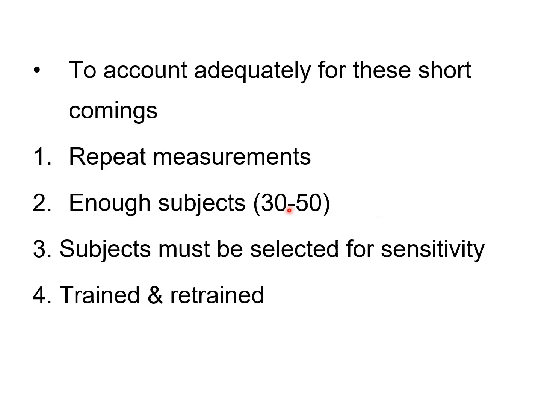Not a 100% perfect idea, but much more reasonable than doing the sensory evaluation with three people. Also, subjects must be selected for sensitivity, and trained and retrained people should be used in these tests.